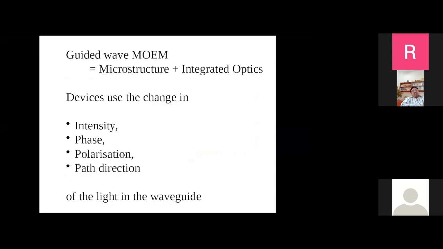So now I'll show you some structures where you combine optical waveguides on silicon with MEMS. What parameters of the light can you control is an important question. You can control any parameters of the light, like intensity, phase, polarization, direction of propagation, and so on and so forth.